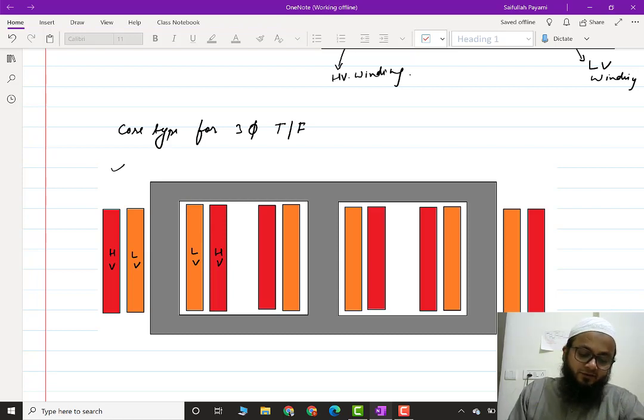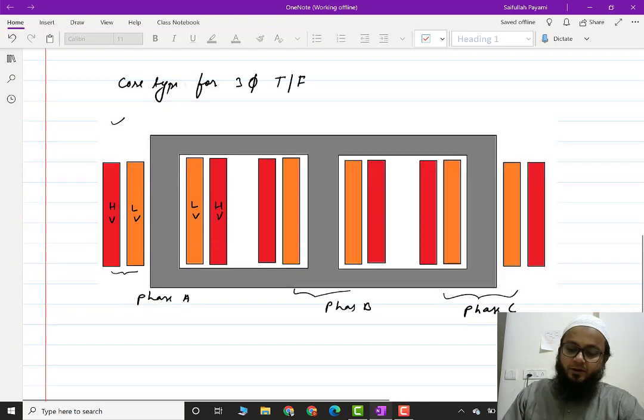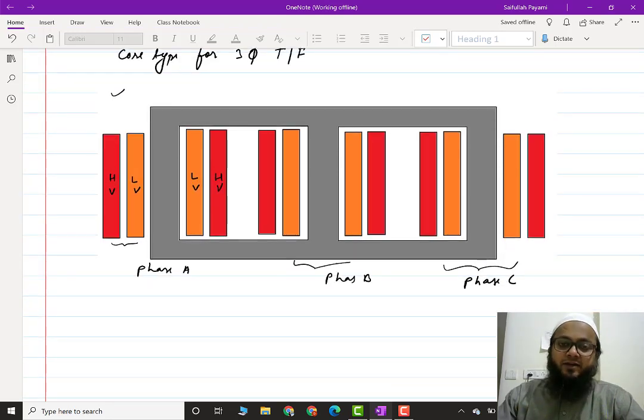Let's say these windings are for phase A, these windings for phase B, and these windings for phase C. I said that in transformers we have at least two electrical circuits. Here you can see that we have around 6 electrical circuits. The low voltage winding may be primary or secondary, and similarly the high voltage winding may be primary or secondary.